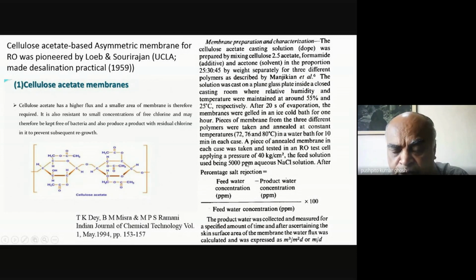So it's not seawater. It was much less than seawater salinity. And from that, they would measure the salt rejection efficiency and the flux, and you can see the water flux was measured. So all these measurements are done, and that's how you basically characterize the membrane.